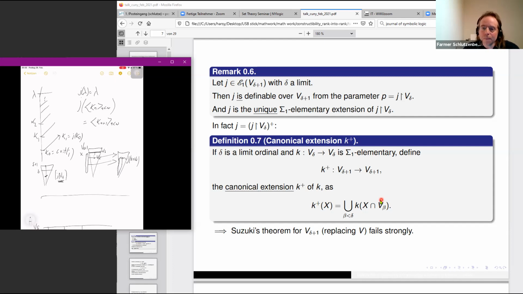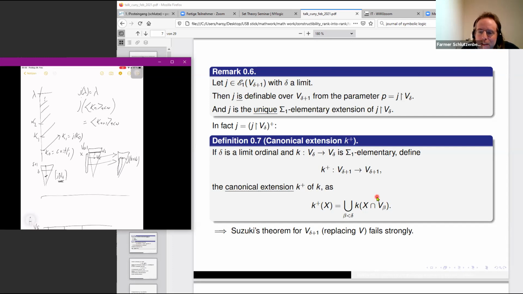What is the significance of Sigma 1 here? Oh yeah, maybe Sigma 0 might be enough, but I don't know.